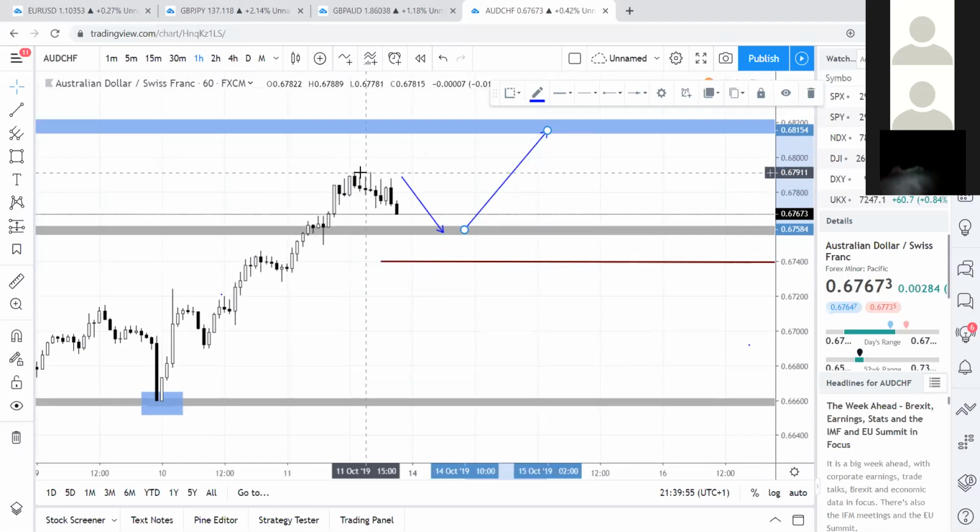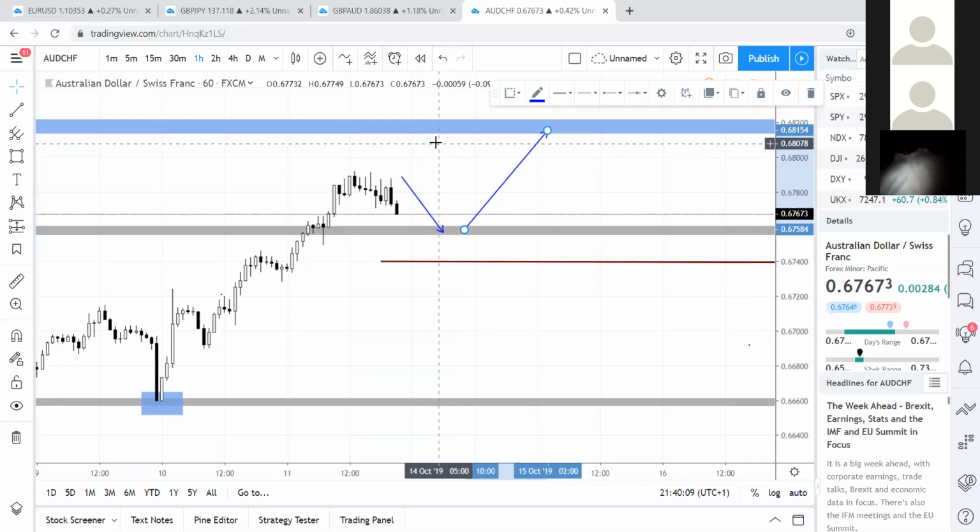So currency strength meter can tell you that AUD is weak because we are doing AUDCHF. That is why it's selling. But by the time it gets to this point, if it picks up again and starts buying, currency strength meter will change things. So you just see that AUD becomes strong. All right.